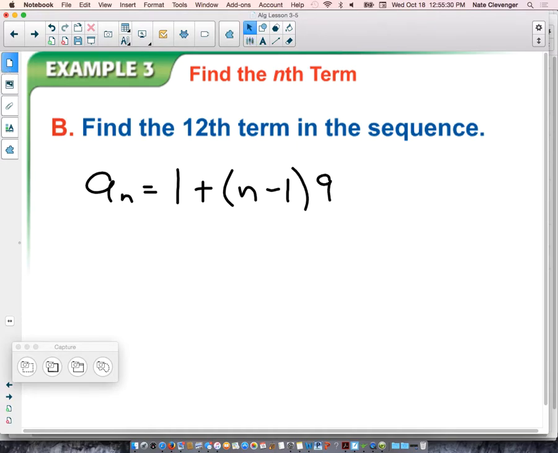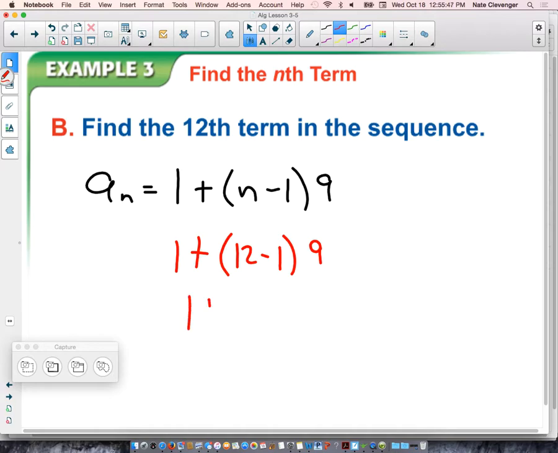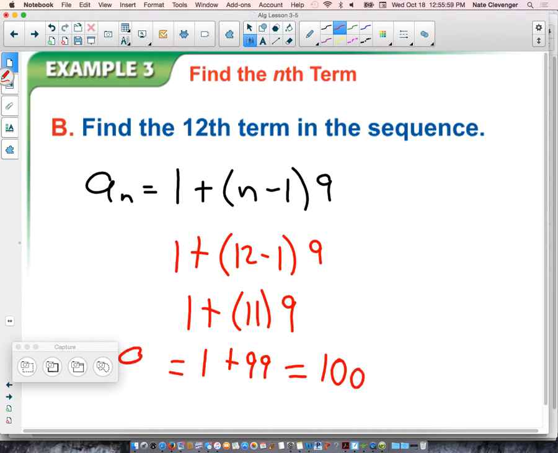What do I need to do to find my 12th term? Put 12 in for n. So I'm going to have 1 plus 12 minus 1 times 9, which is 1 plus 11 times 9. And 11 times 9 is 99, so the value of the 12th term would be 100.